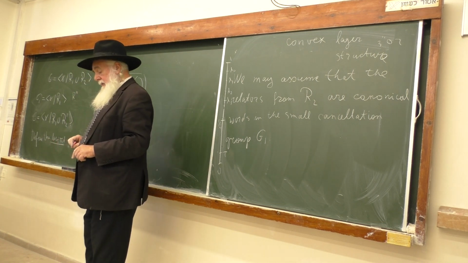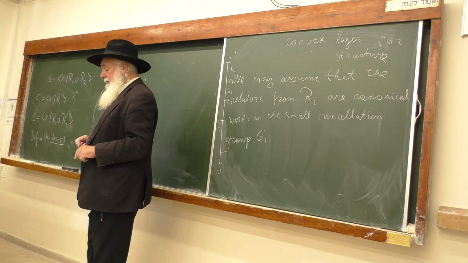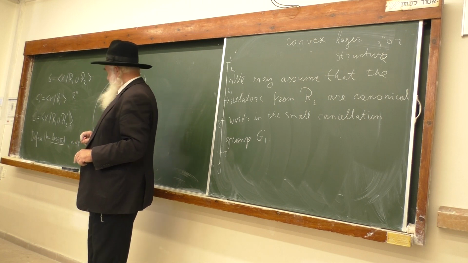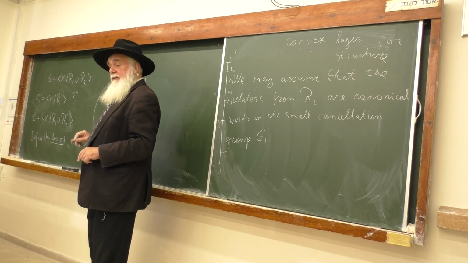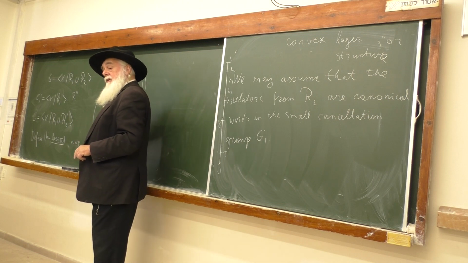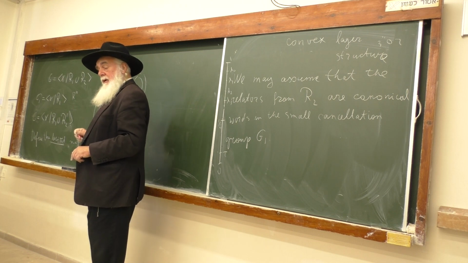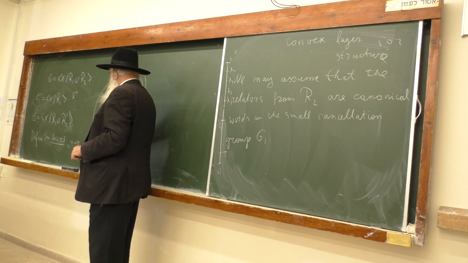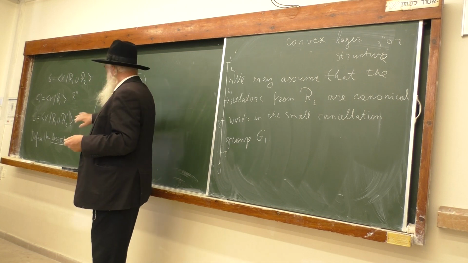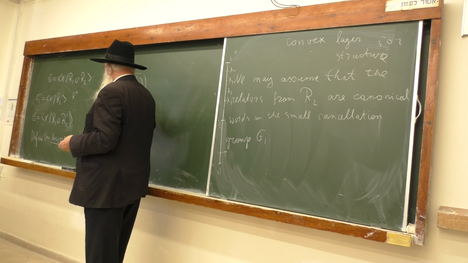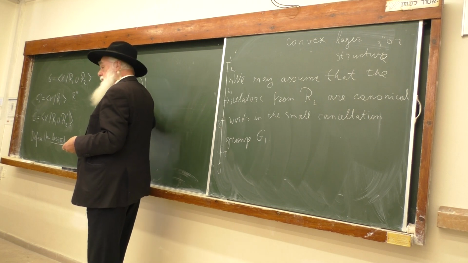Now, for any one of these, we take the big region that it is the shortest distance to. But it may happen that two have the same distance. Then we order these big cells in some order.